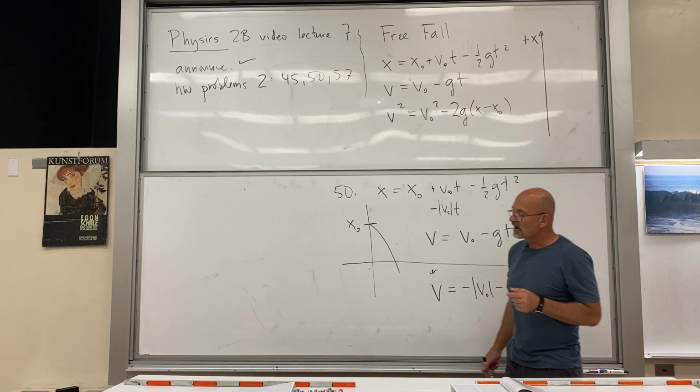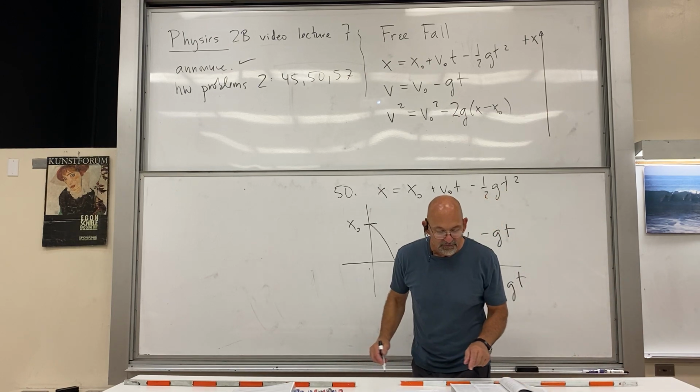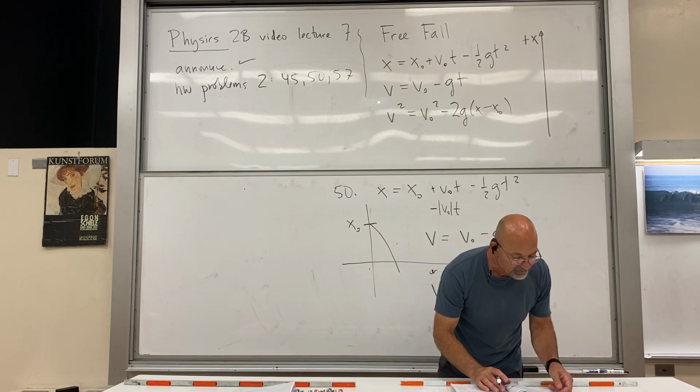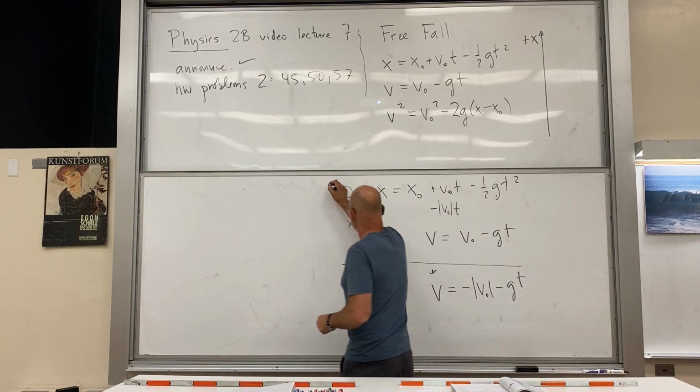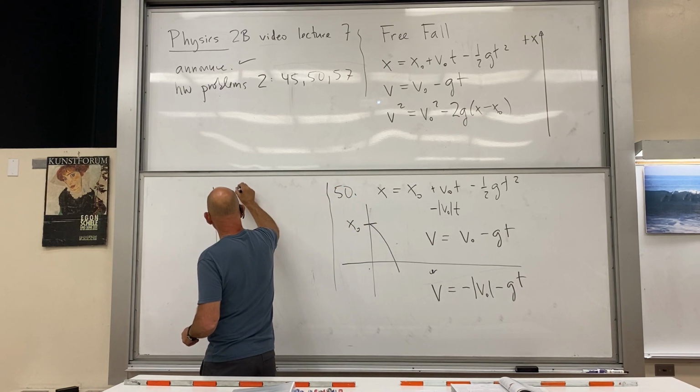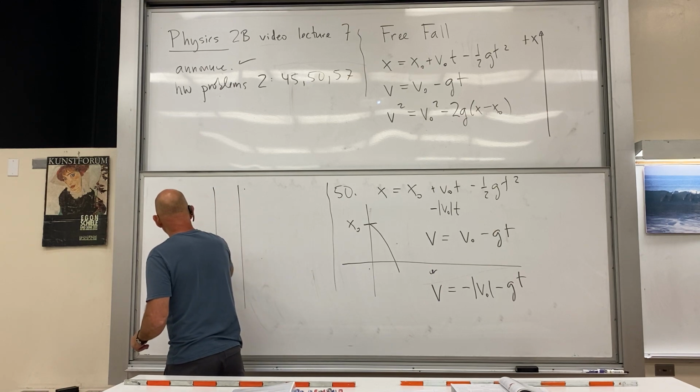Okay, let me move on to problem 57. So 57 was a bullet being fired and penetrating a board.